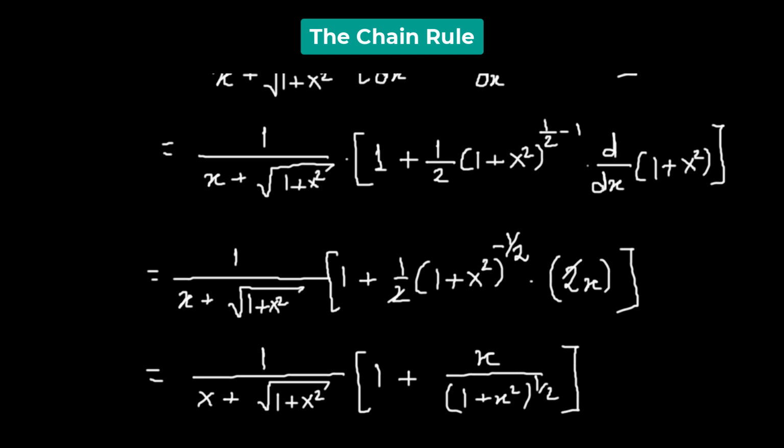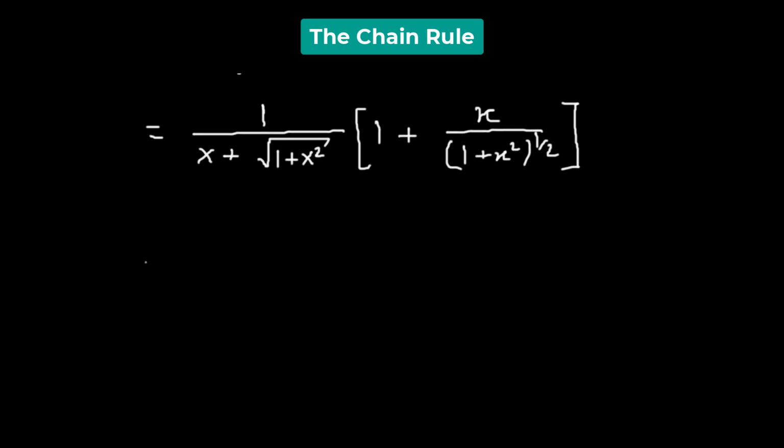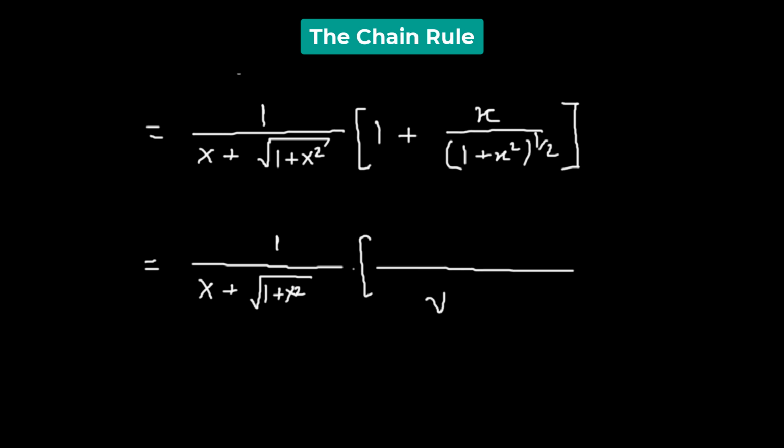So we're going to combine the two terms inside the parentheses. So we have 1 over x plus square root of 1 plus x squared multiplied to, so 1 plus x squared raised to the power half is simply square root of 1 plus x squared.